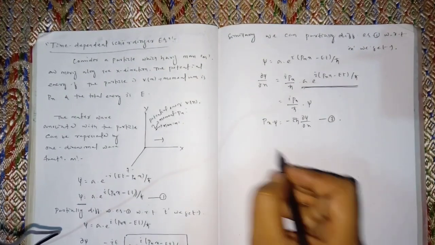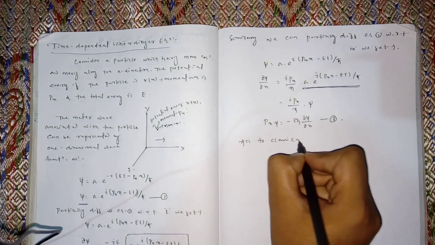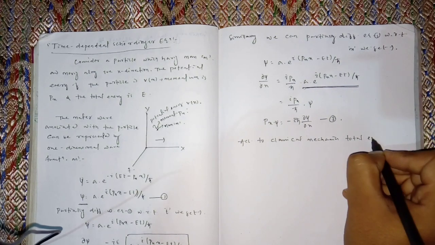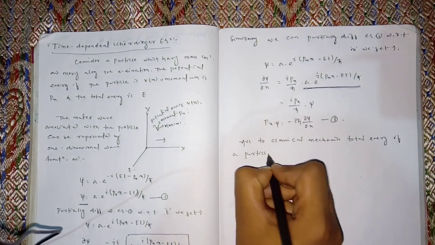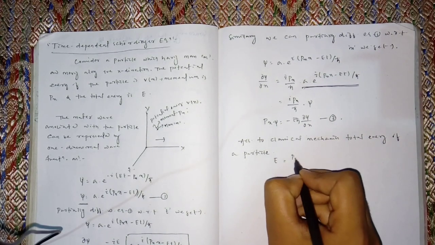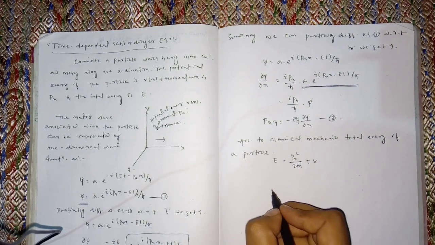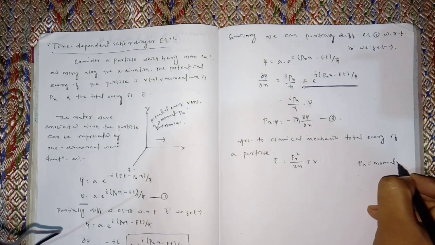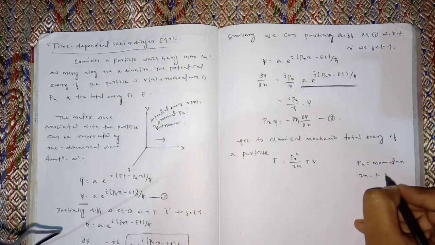According to classical mechanics, the total energy of a particle can be written as E equals p x square divided by 2m plus V. Here p x is the momentum and p x square by 2m is the kinetic energy.